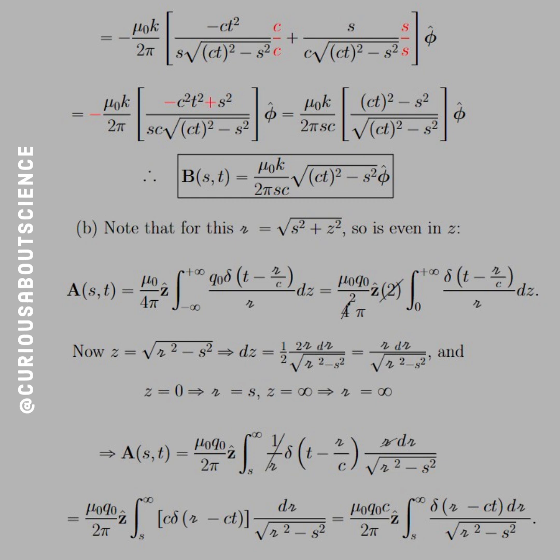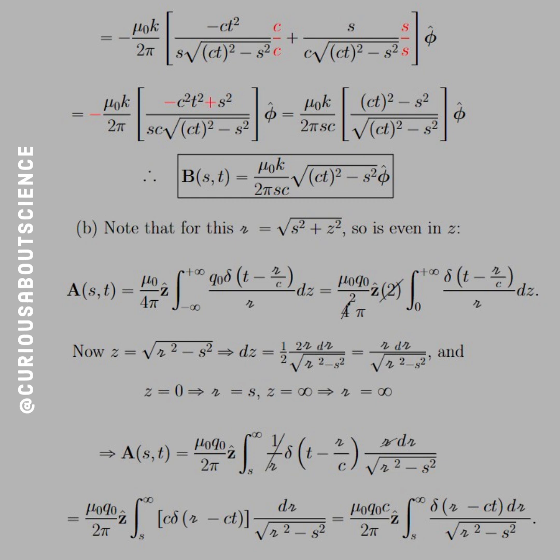And we see that if we change the limits, z equals 0 gives script R equal s, and z equal infinity gives script R equal infinity. Now we can evaluate everything we need with respect to what's inside the Dirac delta. That's the whole purpose of the change of variables, so we can evaluate with respect to the Dirac delta argument. Notice that 1 over script R cancels with the script R from the substitution.